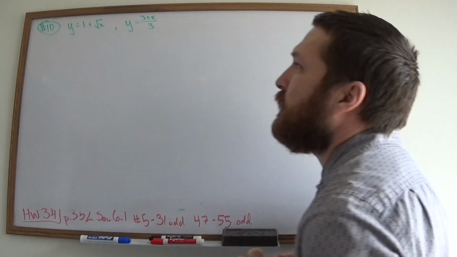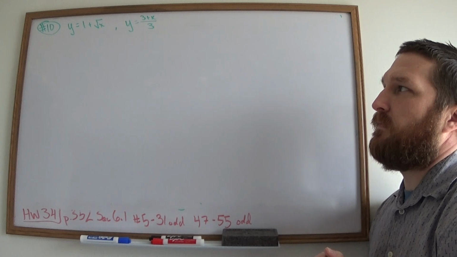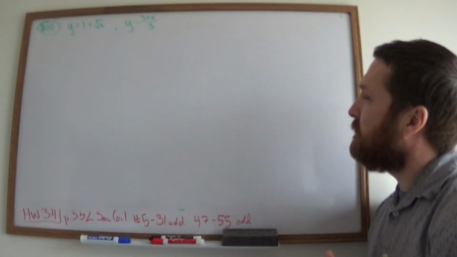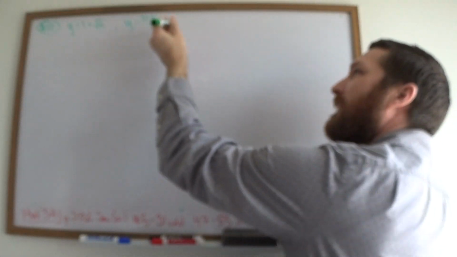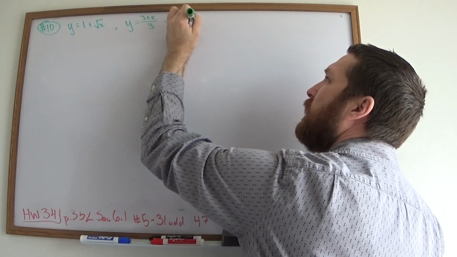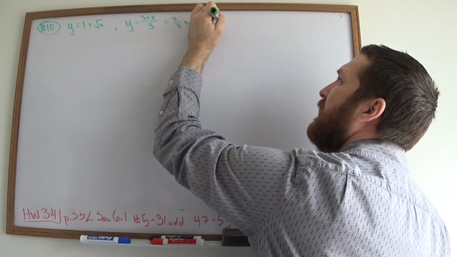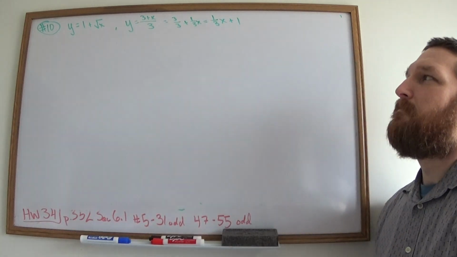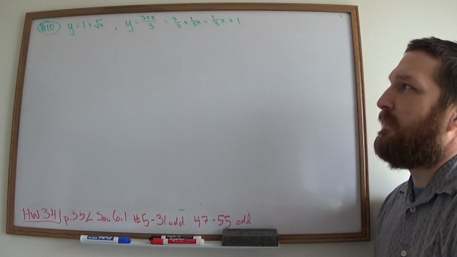Here they're saying just the region enclosed by these curves. So we gotta draw it out. This is the same thing as 3 over 3 plus 1 over 3 x, or let's rewrite that as a third x plus 1, because I'm about to do an integral. Things will probably be easier if I do this.